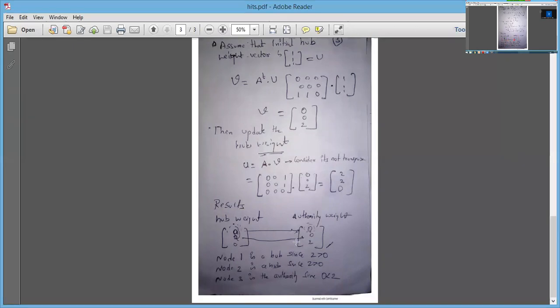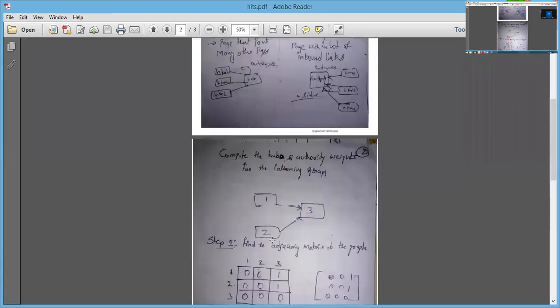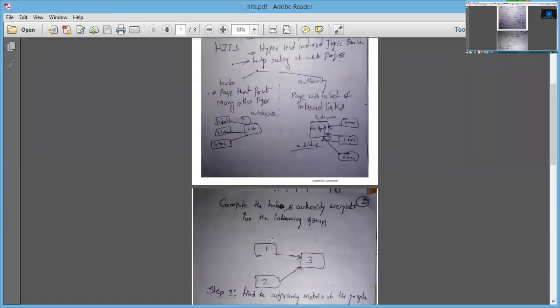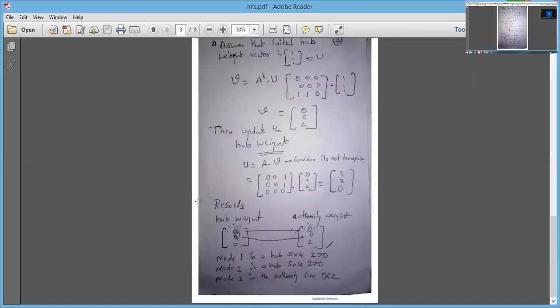So like this, you are going to find out the in degrees and out degrees for authority and hub, and you are going to decide, based on this, how many times the pages have been visited. Now node 1 is visited 2 times, so it is going to become a hub. From here it is going to have 2 links, from here also 2 links, but from here no 2 pages are going to be visited. That is the difference between in degree and out degree.